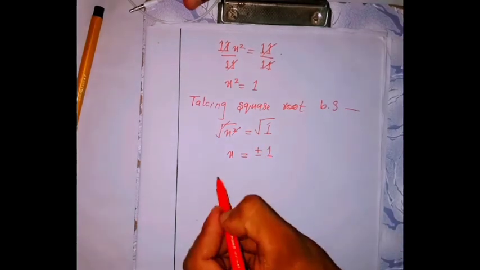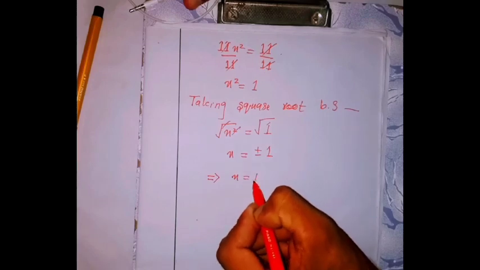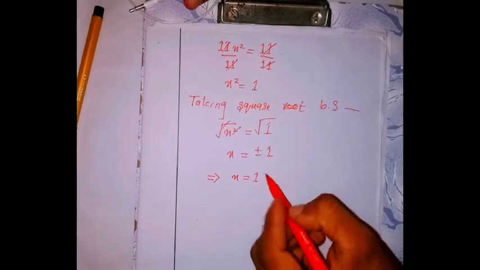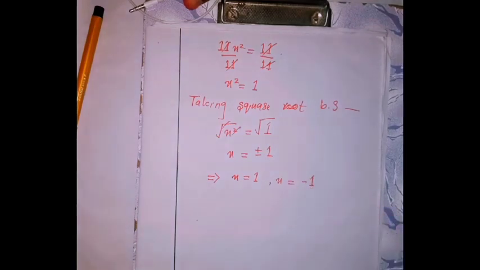So we get the values of x, which is plus 1 and minus 1. So here we have x is equal to 1 and x is equal to minus 1.